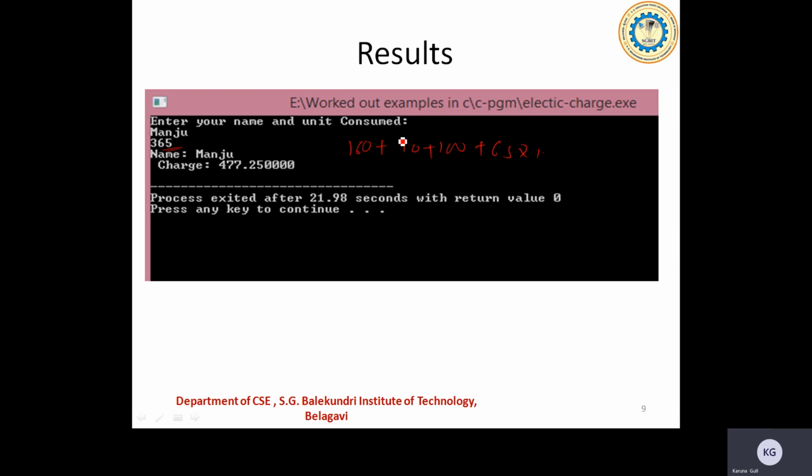So 160 plus 90 plus 100 plus 65 is 415, and that is the total amount I need to pay. Here in this case it is greater than 400 rupees, so I need to pay an extra 15%.